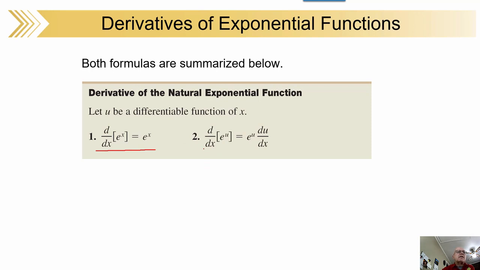However, if it's a little bit more interesting, if what you've got for an exponent is actually a function itself, then our chain rule, again, gives us this. Instead of e to the x, we have e to the u. Works the same way with e to the u.